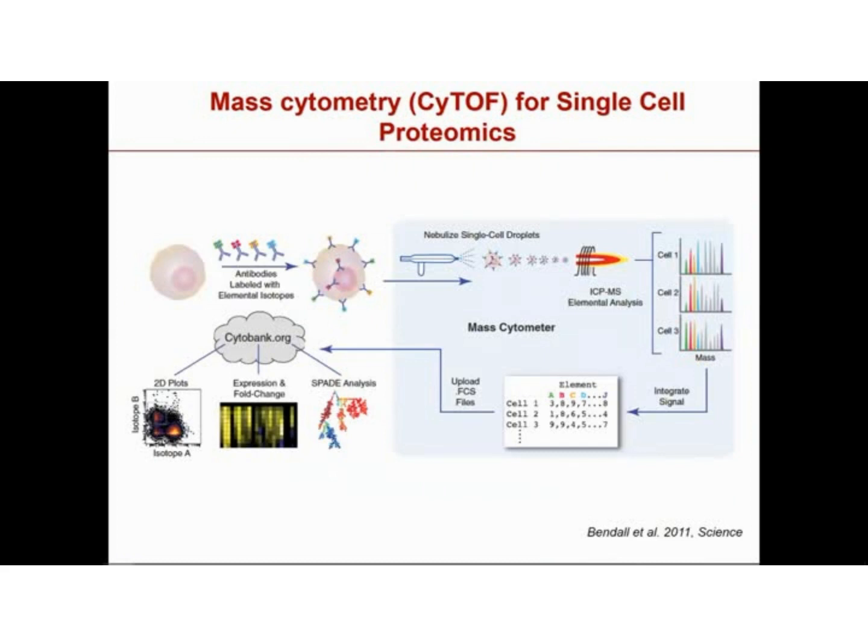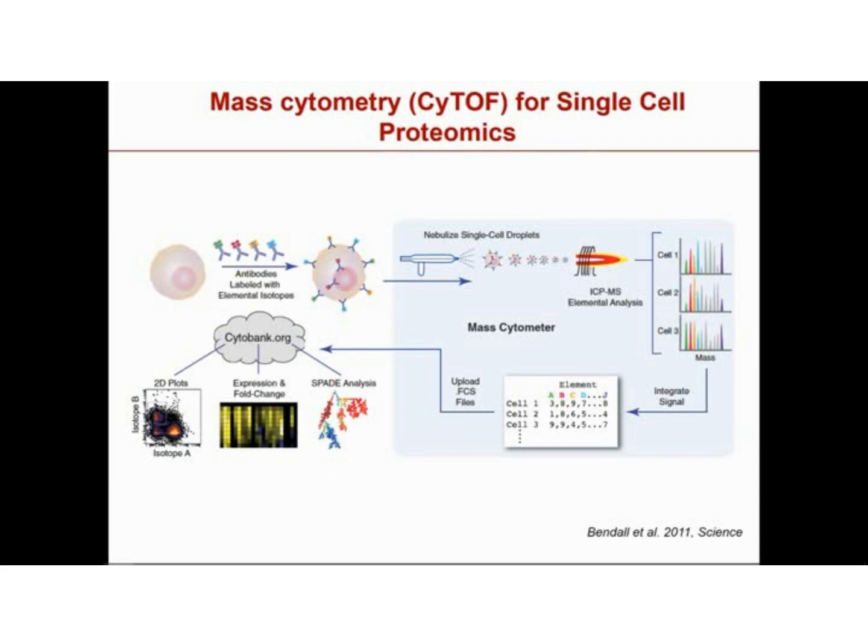So basically, you have a cell which is now quantified by all these elemental isotopes, so you can have a quantitative idea of how it has been labeled with these antibodies.